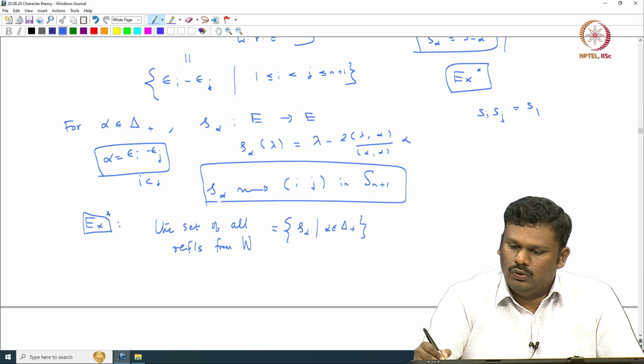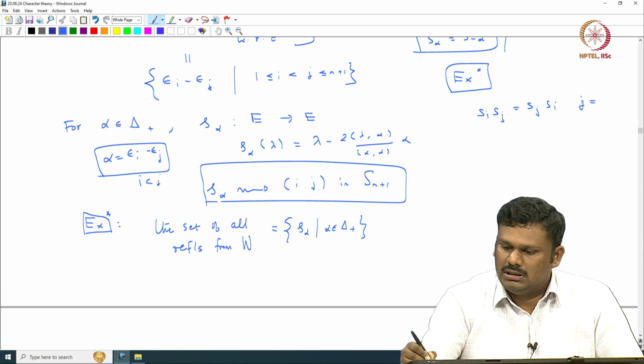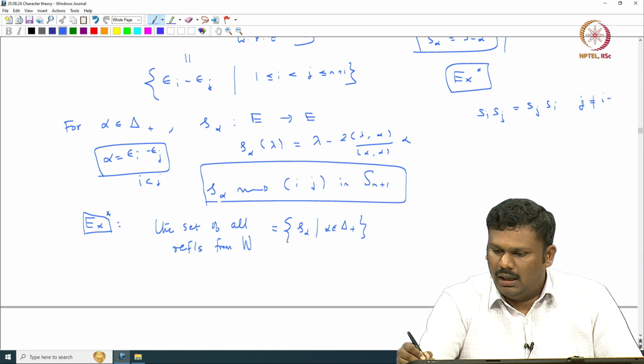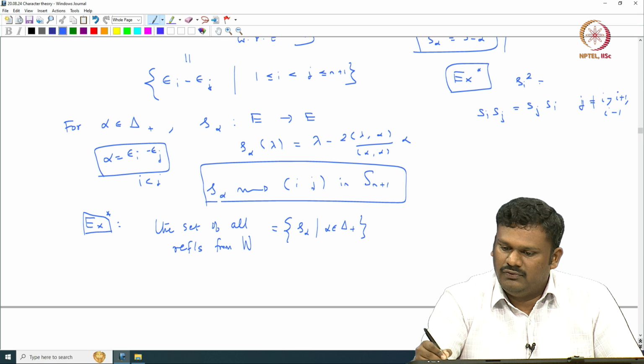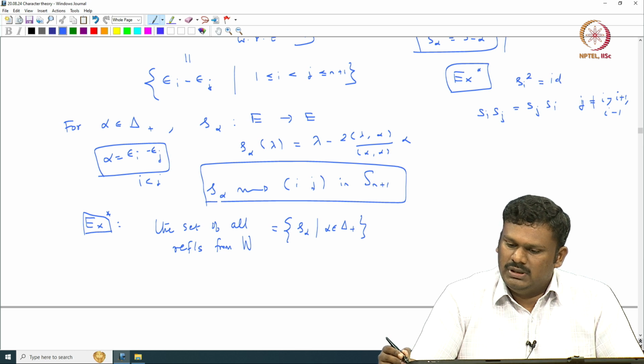So, this will commute whenever j is different from i plus 1 and i minus 1, and s_i squared will be identity. So, W is generated by s_i modulo these relations.